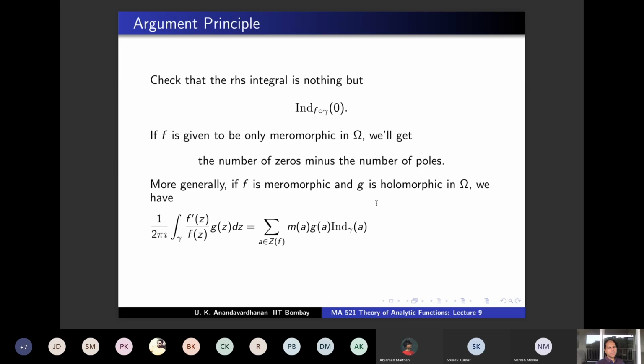We had a simplifying assumption, it is simple closed. Now we are not assuming that for the statement. Minus the sum over poles with multiplicity, g at b, index of b. The same proof works, but you write it down once more on your own. Okay, so this is the more general form. g equal to 1 and simple closed was the argument principle.